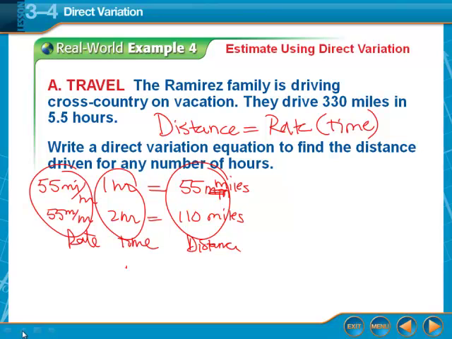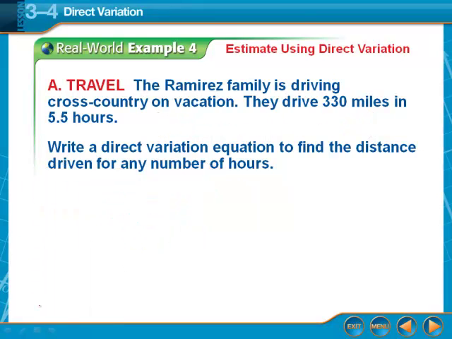Well, in our example here, if I talk about distance equals rate times time, there's a direct relationship between distance and rate, or distance and time, depending on which one you call the constant of proportionality or the constant of variation. If I plug my numbers into this problem, distance in this example is 330.